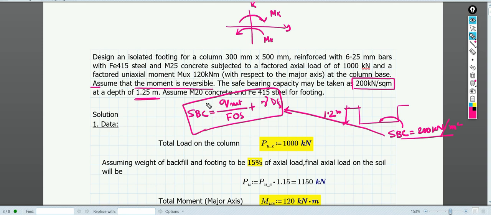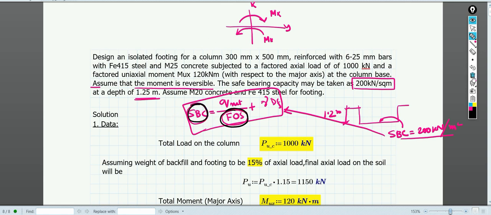So simply, safe bearing capacity is the capacity of the soil, the load it can take without failing in settlement as well as shear. Okay, and in safe bearing capacity, as you can see, the factor of safety is already taken care of. This point is very important while we do our design, that the factor of safety is already taken care of in safe bearing capacity.